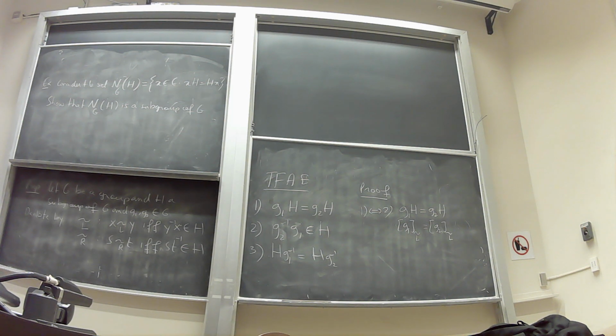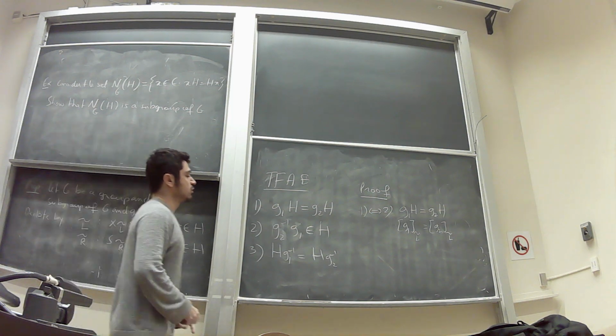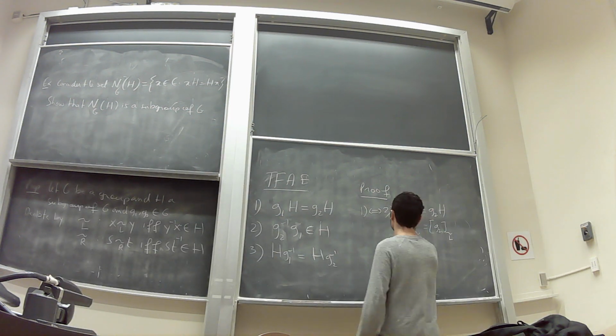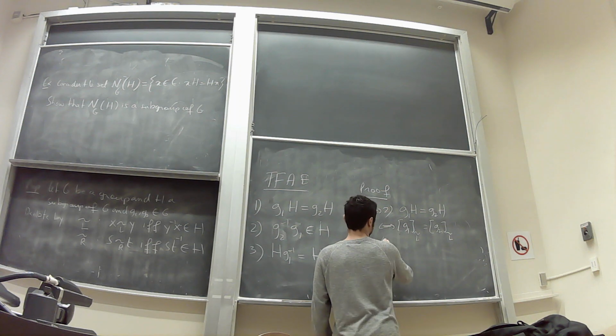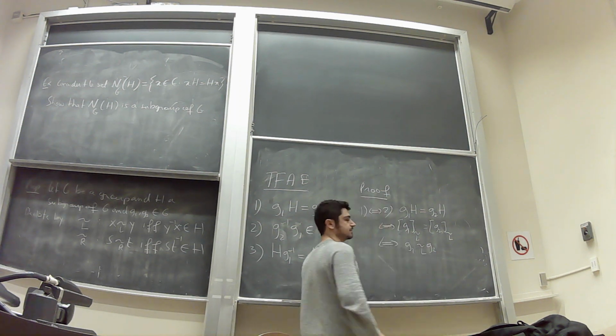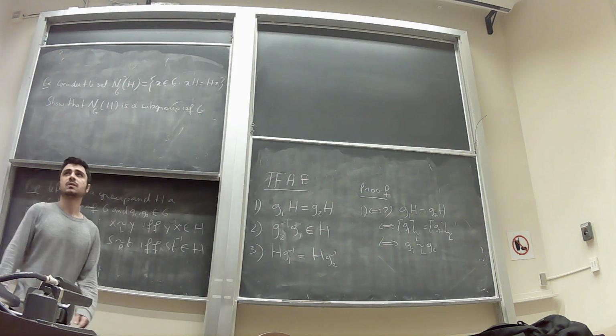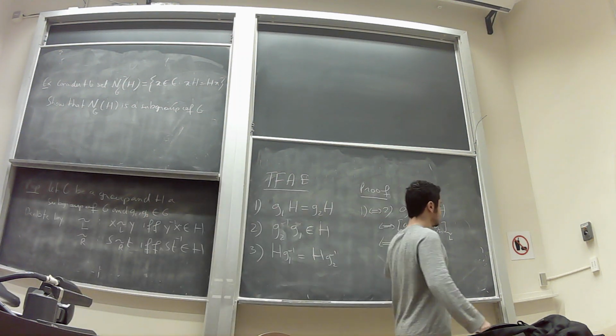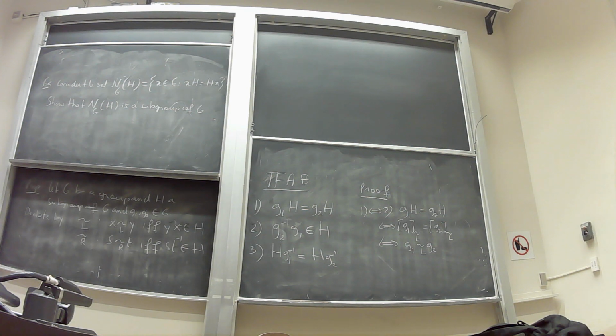Great. Now if the equivalence class of G1 is equal to the equivalence class of G2, this happens if and only if G1 is related to G2 on your left. Right? If the equivalence class of G1 is equal to the equivalence class of G2, this is equivalent to saying that G1 is related to G2.